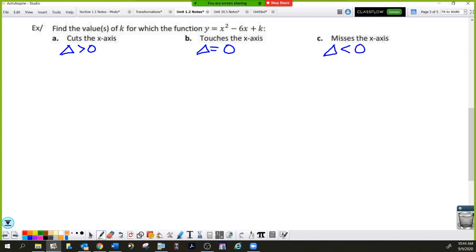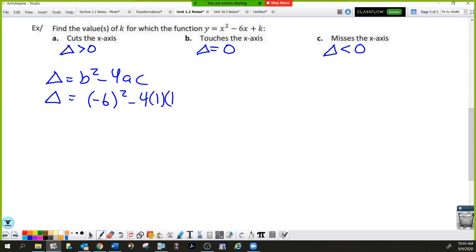Well, this discriminant is actually pretty easy to find. b squared minus 4ac gives me negative 6 squared minus 4 times 1 times k. So this is just 36 minus 4k.